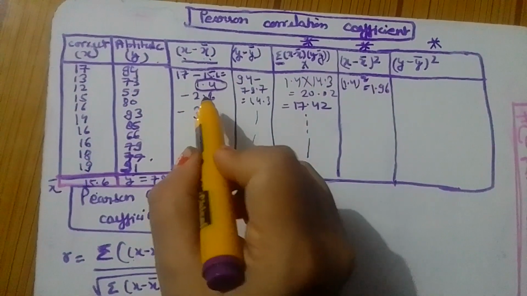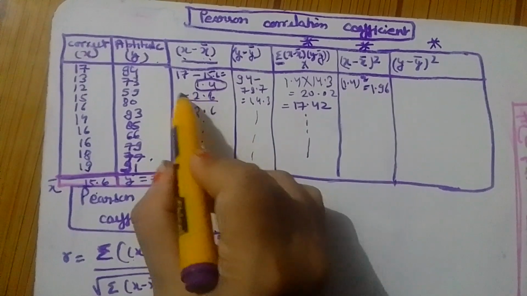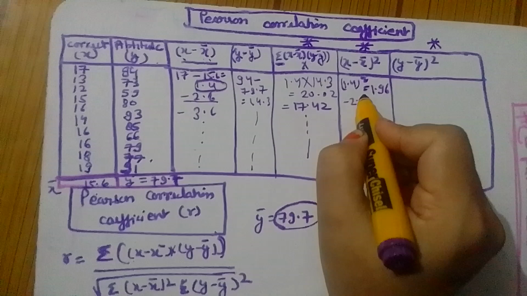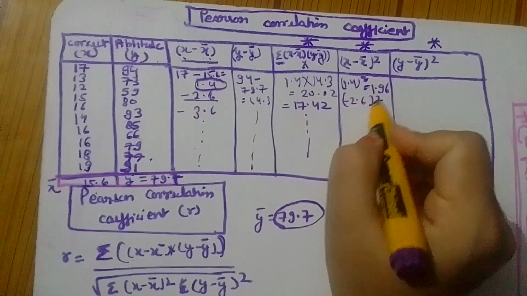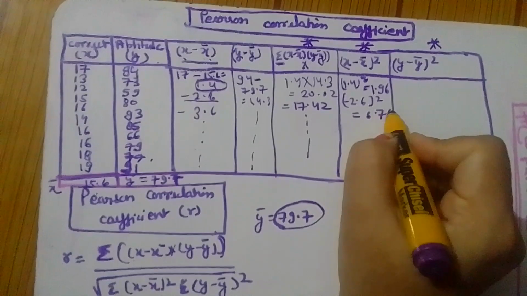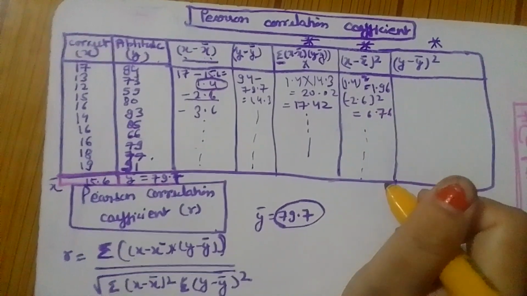Fine. For the next value, minus 2.6 whole square, how much would it come? It would come 6.76. Likewise we will do the same thing.